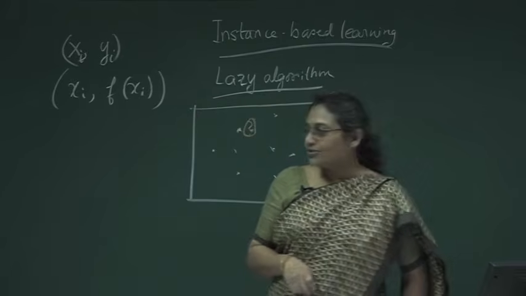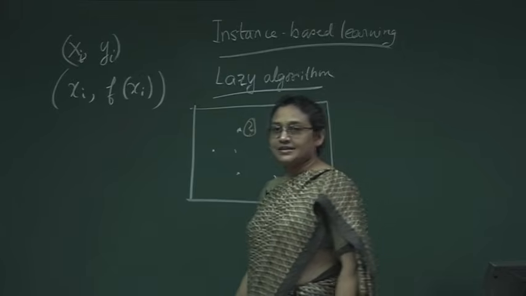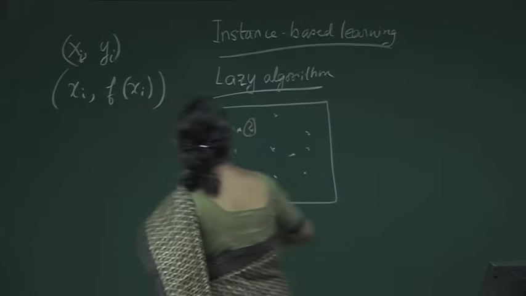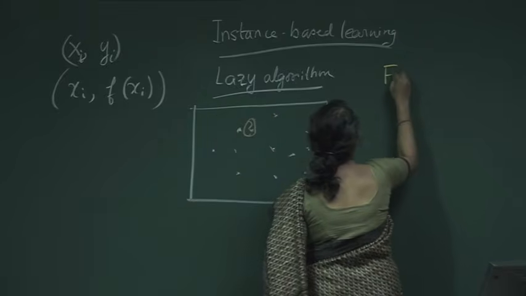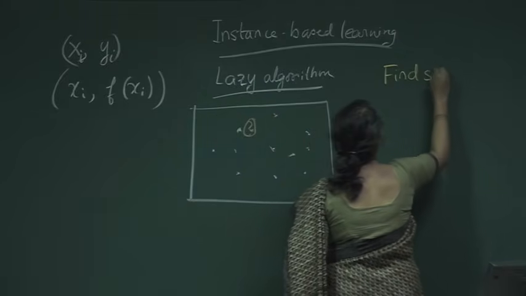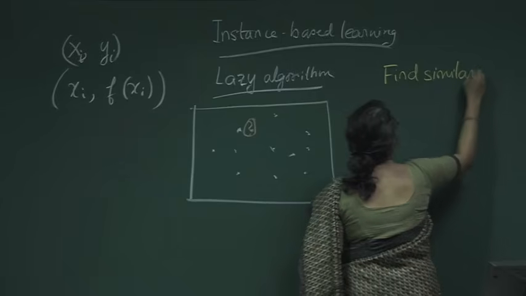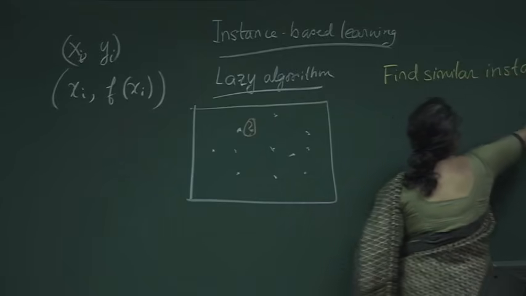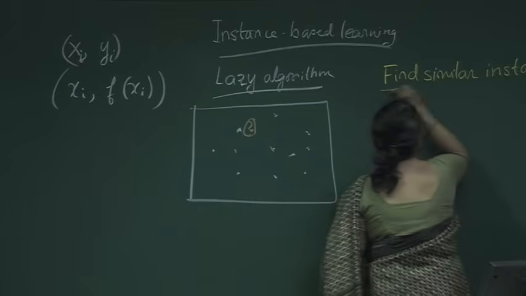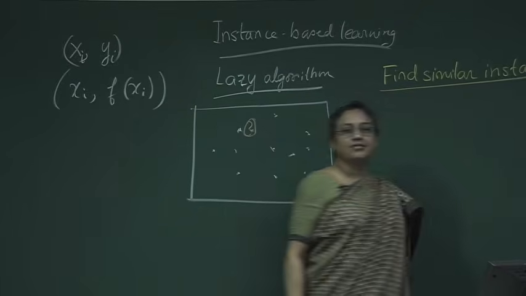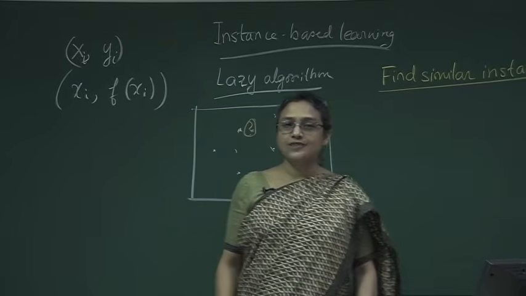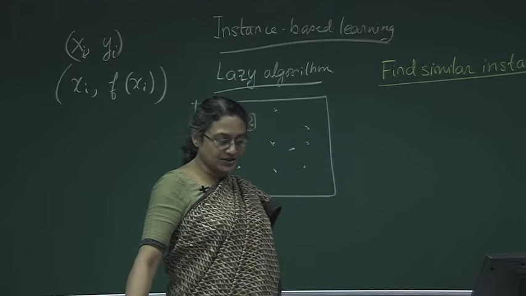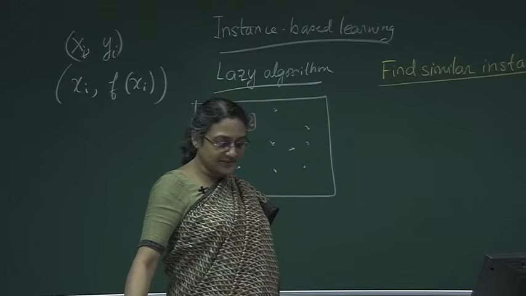Now, in order to do this, given a test instance, you have to find similar instances. So, you want to find the most similar instance, or we will see in some cases we want to find some neighboring instances, the nearest instances.